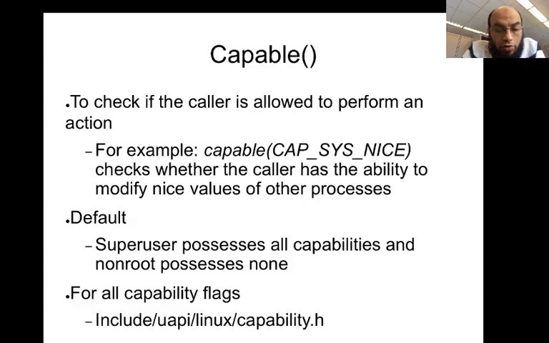By default, the super user in Linux possesses all capabilities and non-root possesses none. So there's this concept of different user privileges in Linux in general. There's the super user, or sudo, who can do whatever. He's typically your system administrator or someone who owns the computer.